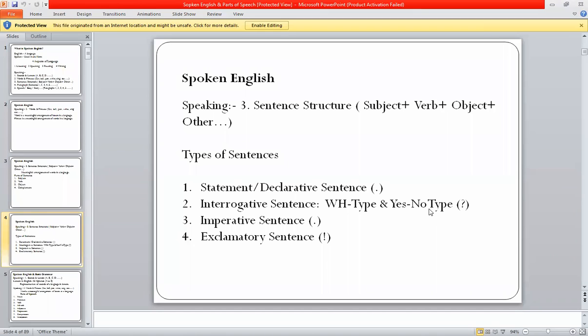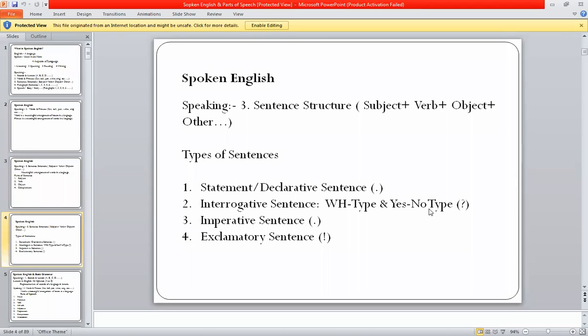So generally we start any question with either WH type of words, or we frame any type of question with yes no type of words. Then the third type of sentences is imperative sentence. Imperative means what? Giving orders. Okay, एखाद्याला आज्ञा देणं, okay, किंवा आदेश देणं.